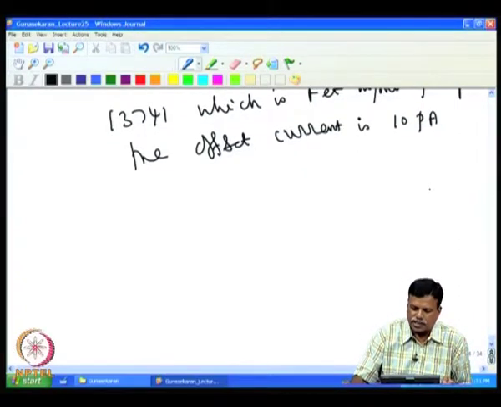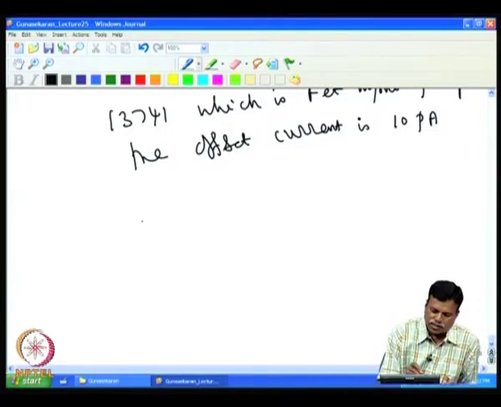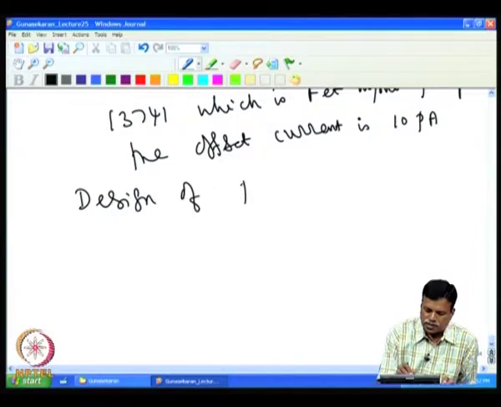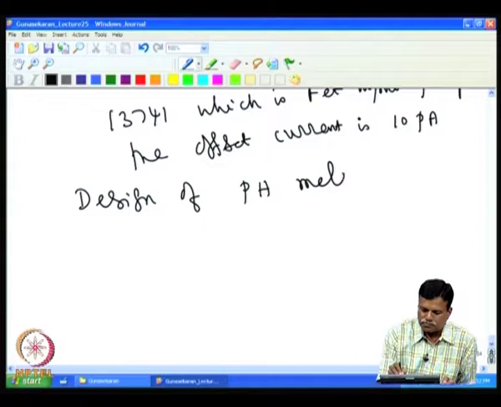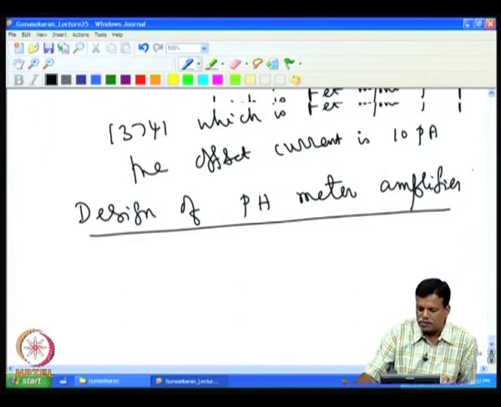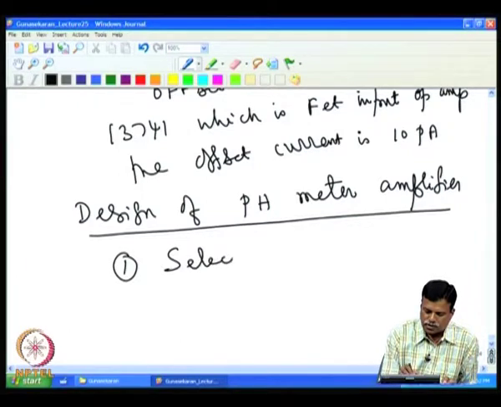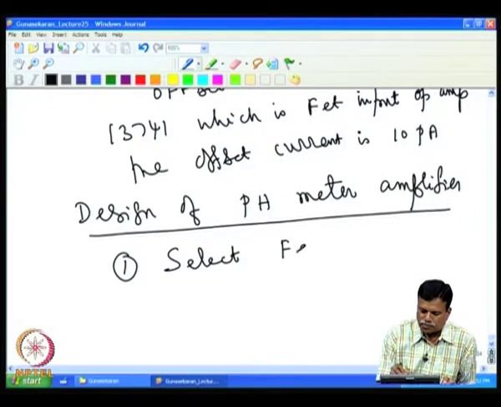For example, if we take a pH meter amplifier, then we can understand the issue with the offset current much more easily. So, take the design of a pH meter amplifier. The first thing is we select a FET input op amp.